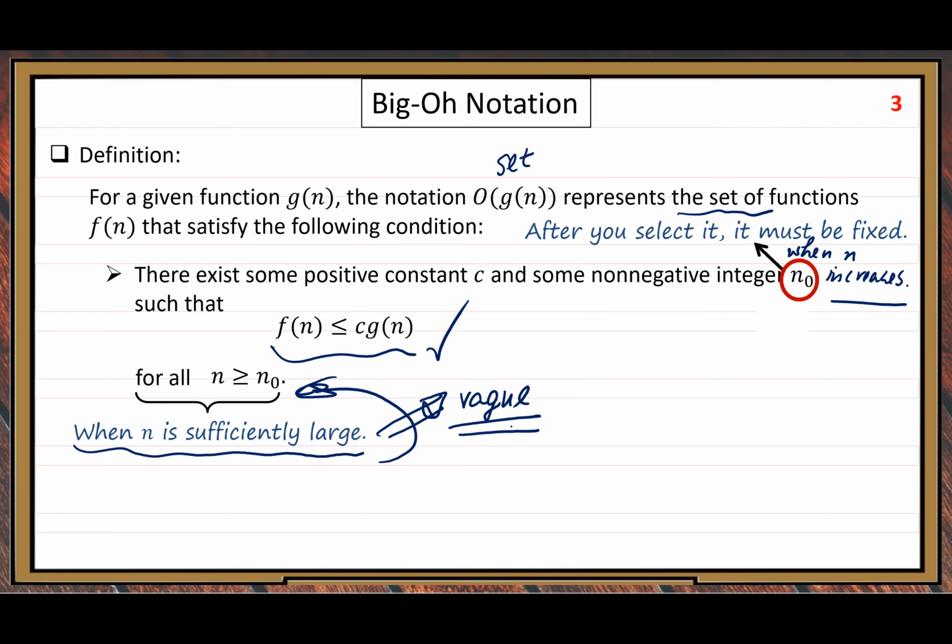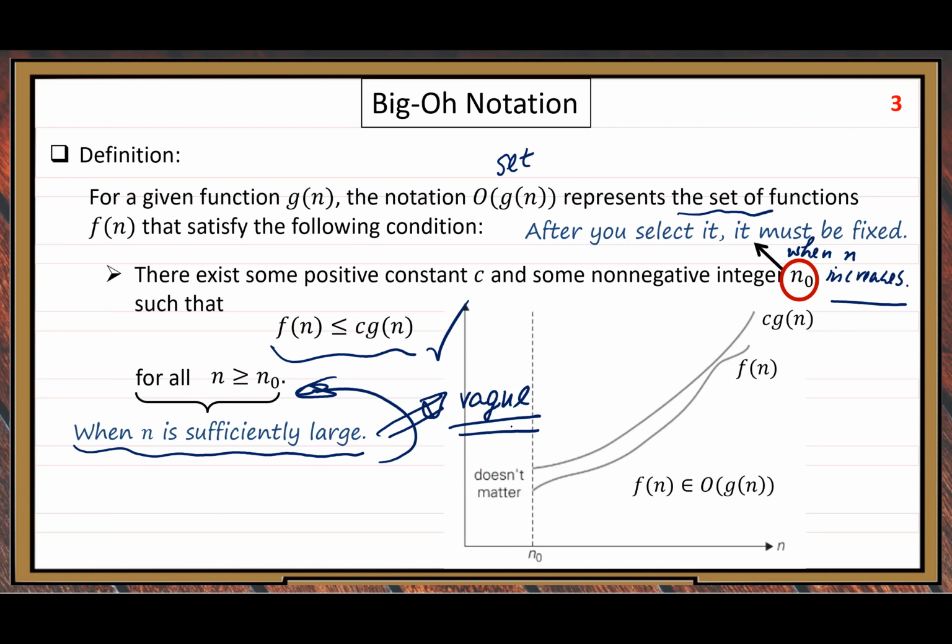So that's the understanding. If I use a visual representation for this inequality, you can see the graph like this.